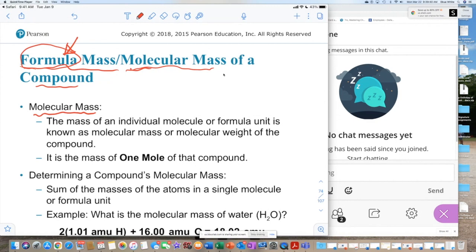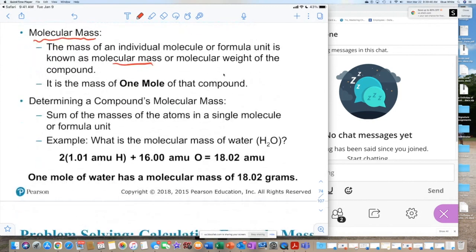So you see terms like formula mass, molecular mass, or molar mass. And it's implied that you're always working with a 1 mole amount of that compound or element. Okay.